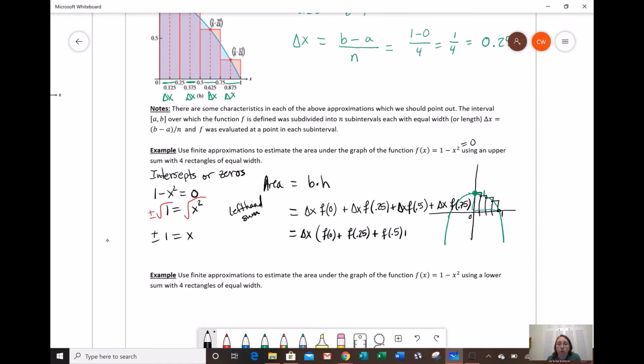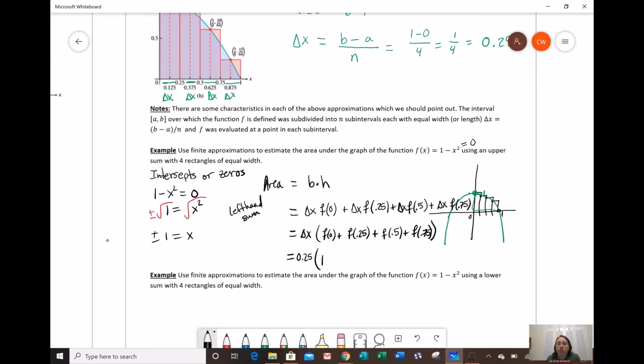So in general, when you're trying to find the area under the curve using rectangles, you simply find the height of each left-hand endpoint, and then you add them all up and multiply by delta x. So delta x, remember, was the 0.25 or 1/4, either way. The f of 0 is 1. If you plug 0 in here, you get 1.